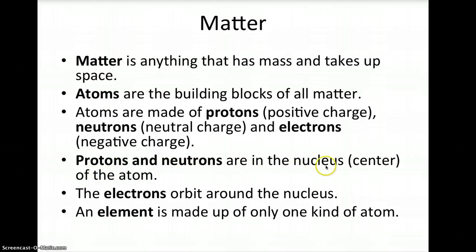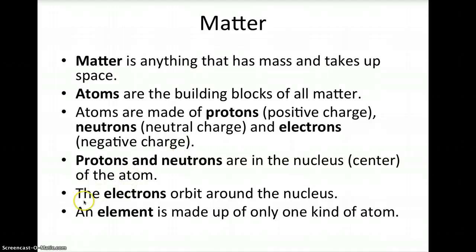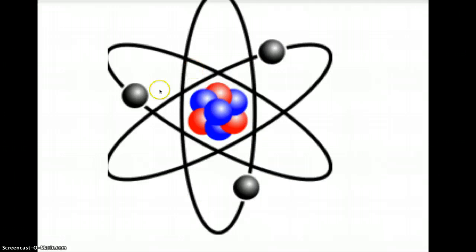Protons and neutrons are in the nucleus. That's in the middle. Protons and neutrons are in the nucleus, in the middle of the atom. The electrons orbit around the nucleus. This is orbiting when you move around something in a pattern.